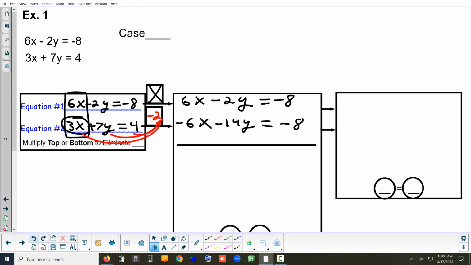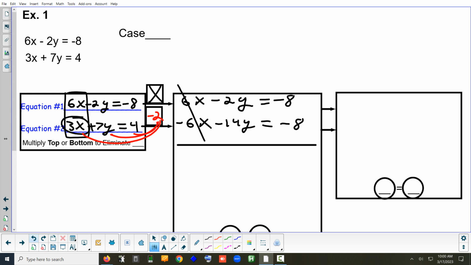Perfect. And from here, it's exactly the same as what we've been doing in homework. What do I do with these two equations now? We have to add them up. And can you tell me when you add the first column, what happens? Cancels out. How about when you add the second column? If it was 2 plus 14, it would be 16.